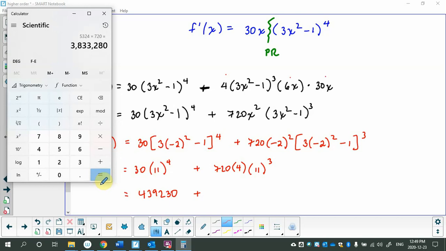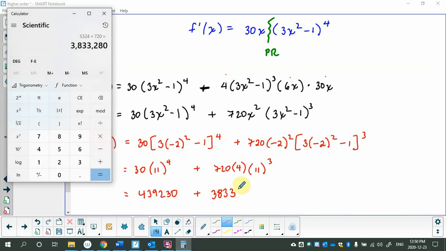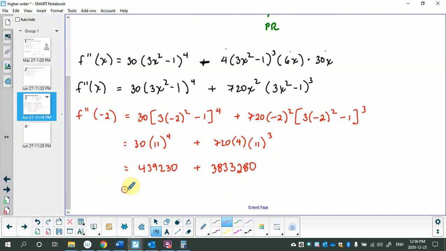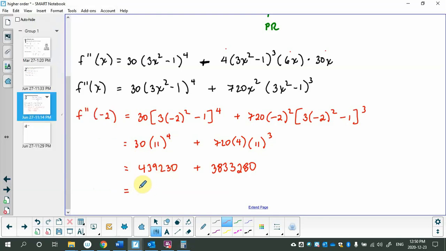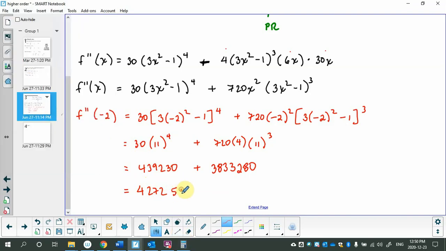Yikes. 3,833,280. And while that's on my calculator, I am going to add on 439,230, that number, equals 4,272,510. So that is the answer to our question.